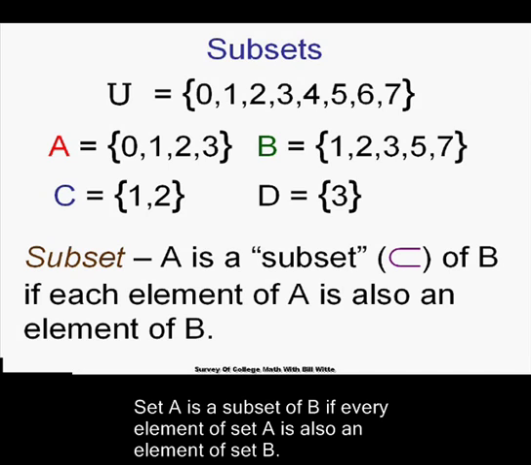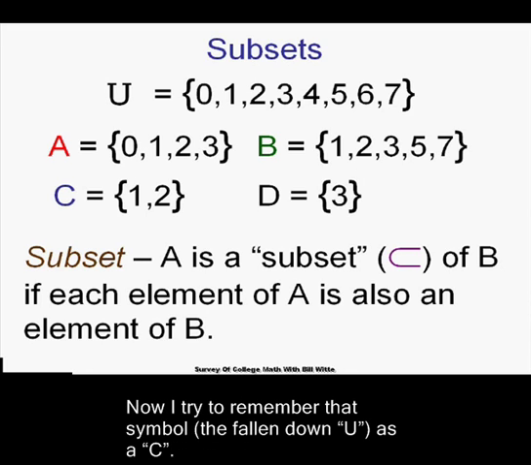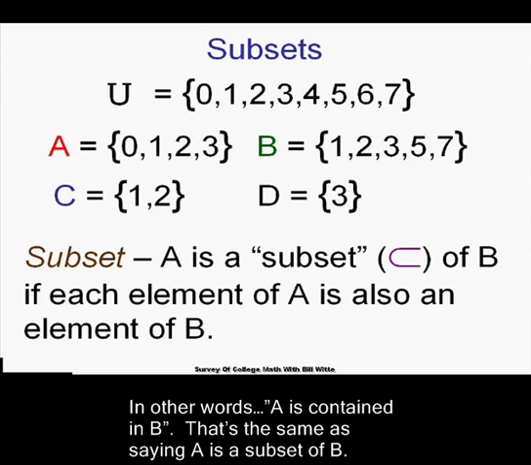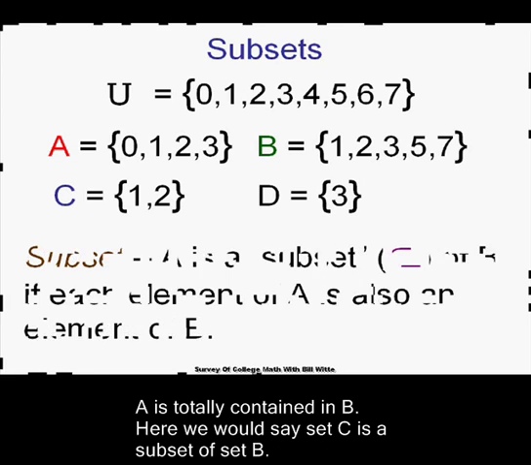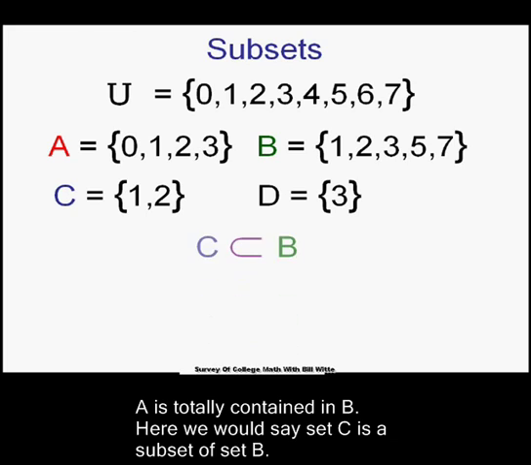A set A is a, quote, subset of B if every element of A is also an element of B. Now, I try to remember that symbol, the fallen-down U, as a C. In other words, A is contained in B. That means A is a subset of B. A is totally contained in B. Okay?